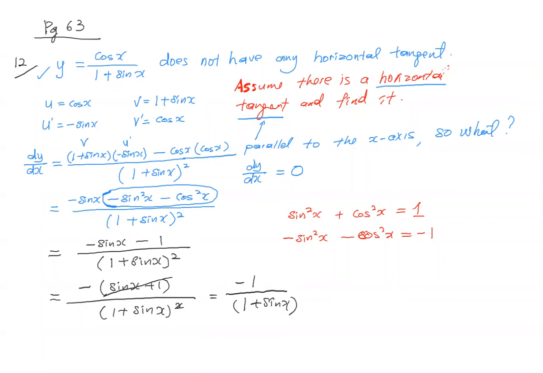Okay. So -1 cannot be equal to 0. Am I right? Or if you don't want to do it like that, you also can do it the other way. You assume there is a horizontal tangent, correct? So you put equal to 0. So -1 equal to 0.